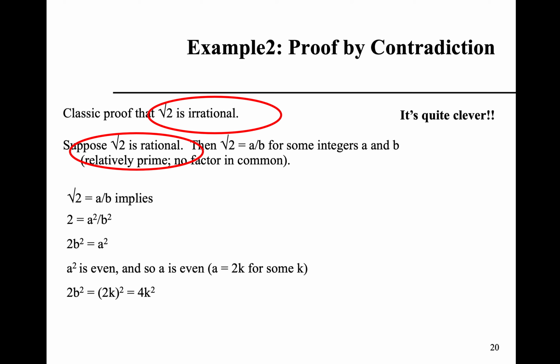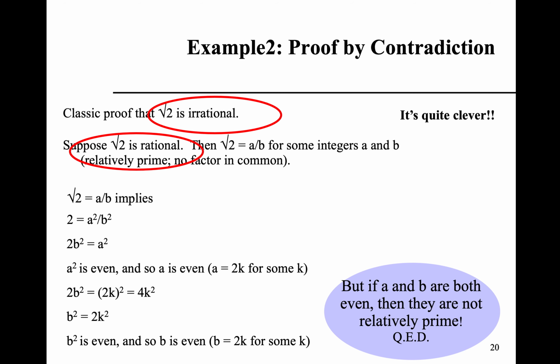Now 2b square will also have to be even in that case scenario where 2k square equal to 4k square. So b square is equal to 2k square. b square is even, so b is even. b is equal to 2k for some k. But if a and b are both essentially even, then they're both not relatively prime.